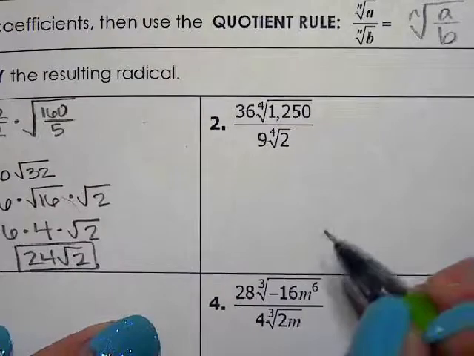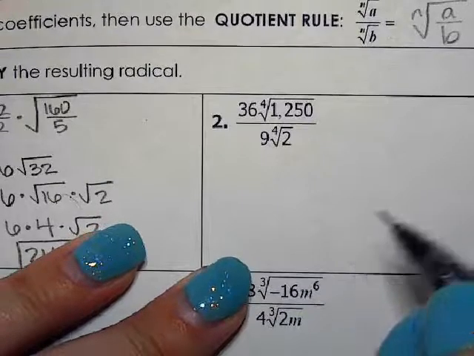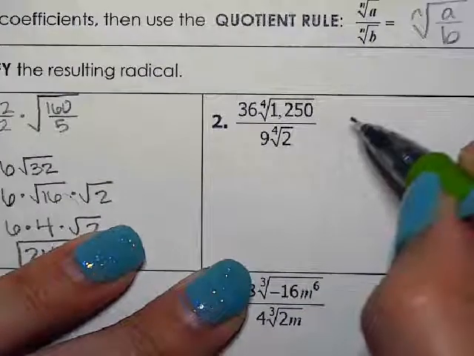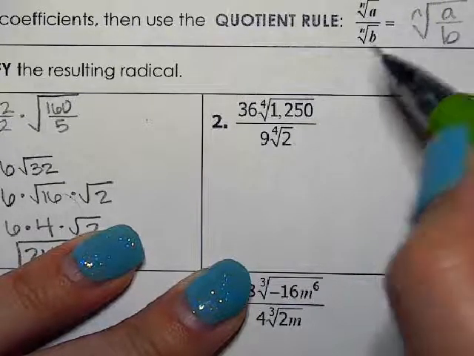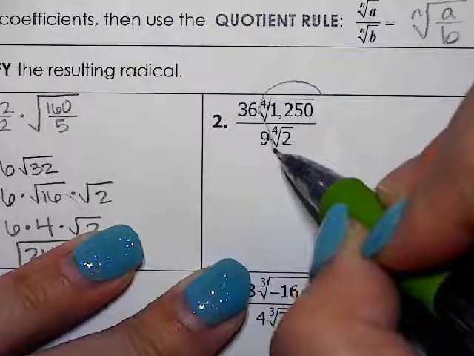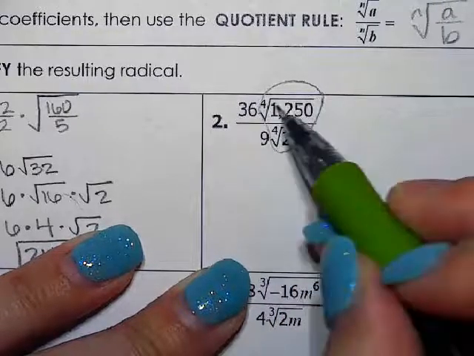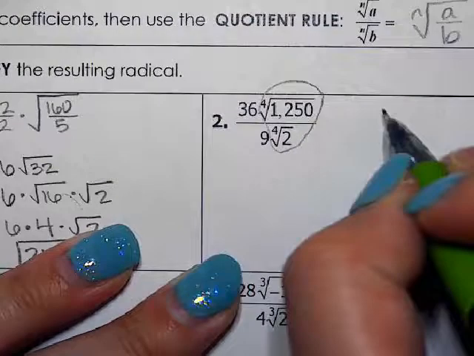For number 2, just like I said before, I think yesterday when I was talking about what numbers you could add or subtract together, what numbers you can multiply, you can only divide radicals if they're the same type of radical, the same type of root. So these are both fourth roots, which means we can put them together. So I'm going to think of this separately.